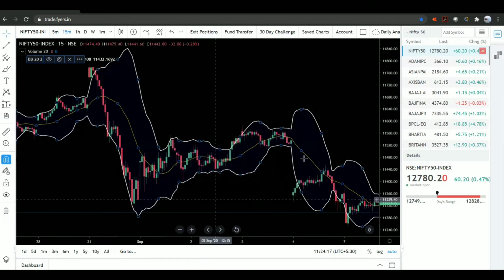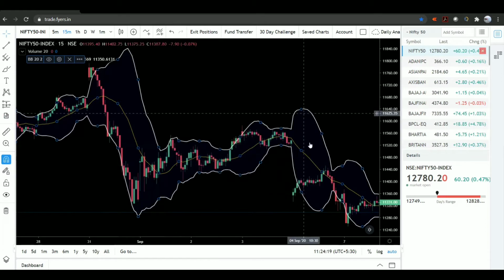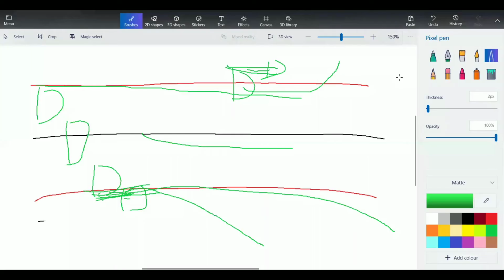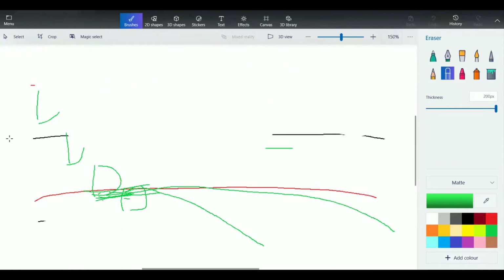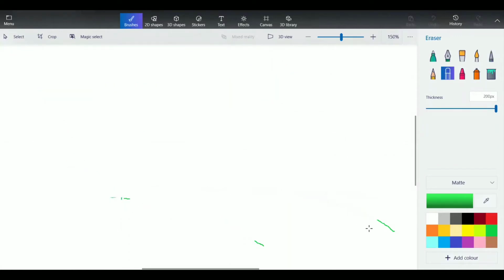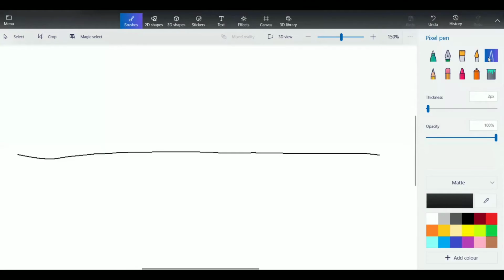And in Bollinger Band, if you see, there are 3 bands. One is the upper side, there is a middle one, and there is this one. Okay, I have already explained this in the Hindi video. Now let's see. If we see that indicator, we saw a middle line, and then we saw 2 more lines.